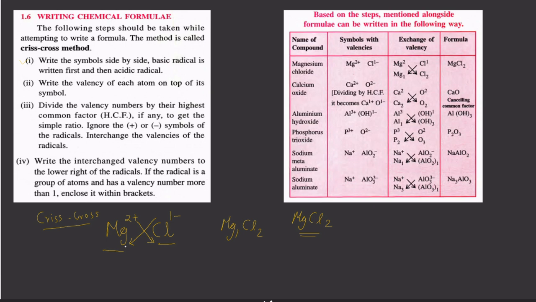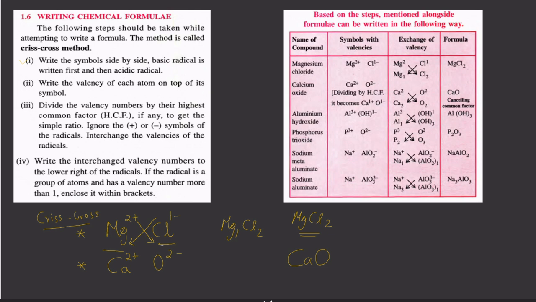Now I am writing a different example of calcium and oxygen. They react to form calcium oxide. The formula of calcium oxide is CaO. We know that the valency of calcium is 2 plus and the valency of oxygen is 2 minus. If the valency of calcium is 2 and oxygen's valency is 2, then why is it CaO? We have not written Ca2O2.